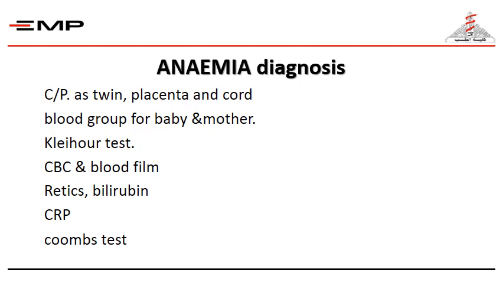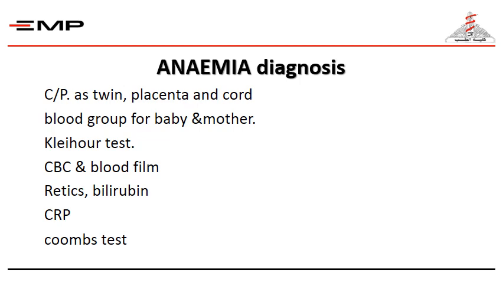Do a complete blood count, or CBC, and check the blood under the microscope, which we call a blood film, to diagnose any anemia which has a specific form, like congenital spherocytosis, where the RBCs will be very rounded, or elliptocytosis, where the RBCs will be elongated.